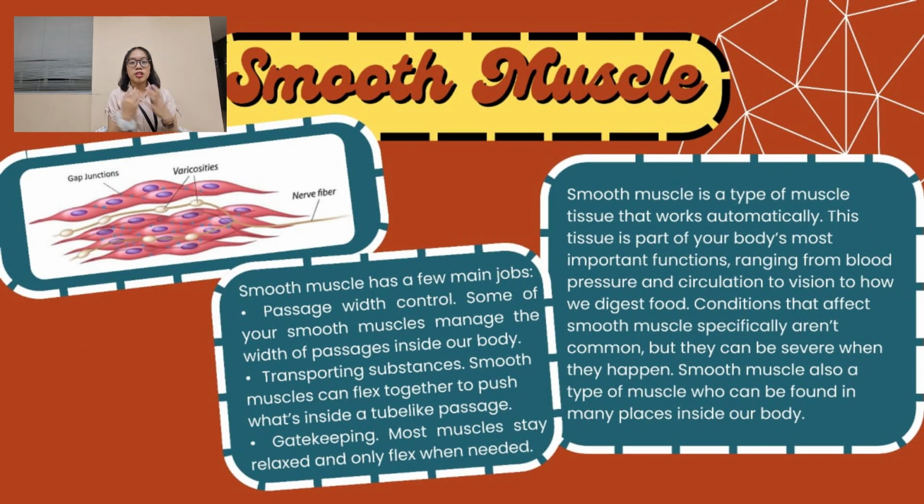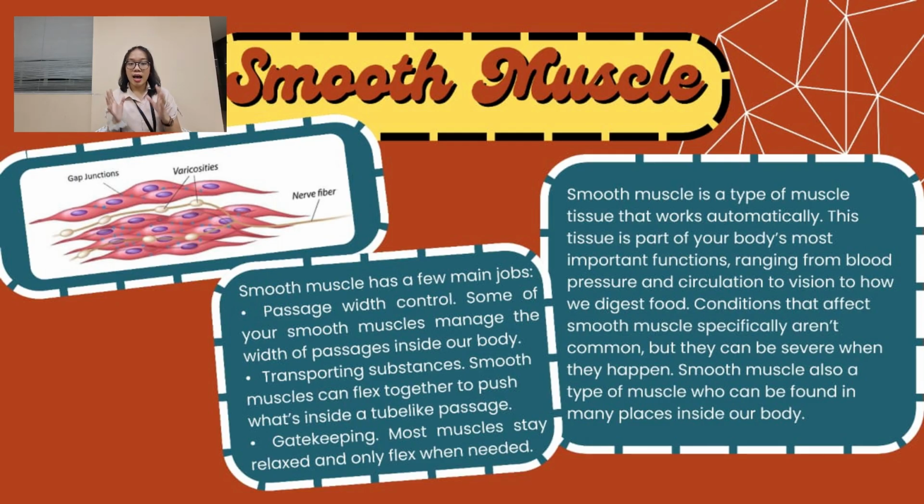Smooth muscles. Smooth muscle is a type of muscle tissue that works automatically. This tissue is part of our body's most important functions, ranging from blood pressure and circulation to how we digest food. Conditions that affect smooth muscles specifically are uncommon, but they can be severe when they happen.